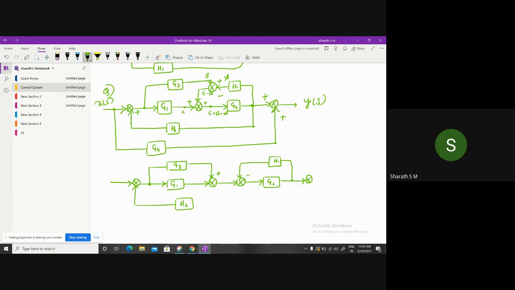Sir, minus. Negative. Yes. Now look here. We have a C here, then a B, and this is position A. So here we can get once again C plus B minus A. In that manner, we need to do the alterations.